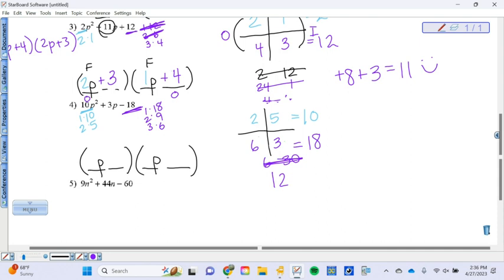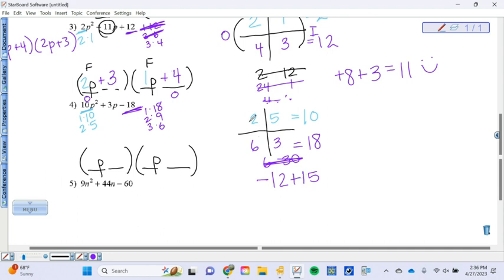And what's 3 times 5? Can I use 12 and 15 to get to 3? Yes, by subtraction. A positive 15 and a minus 12. That's good.